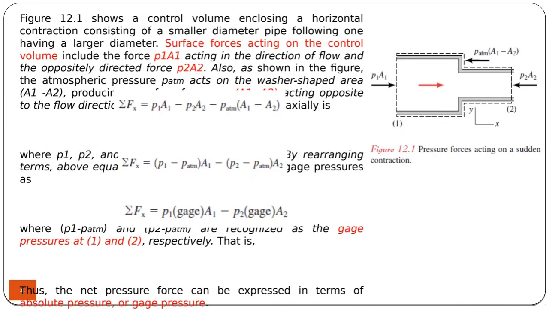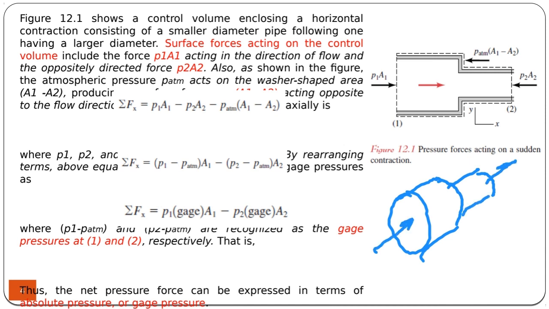Let's see the situation in an example where there are two pipes with different diameters connected to each other. This is pipe 1, this is pipe 2. Flow comes in and goes out. At the inlet of the pipe, we have the normal force, the pressure force.